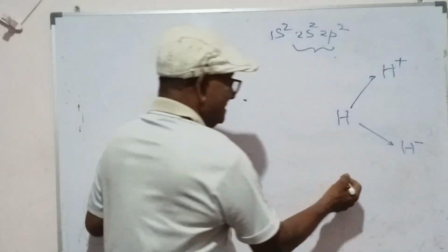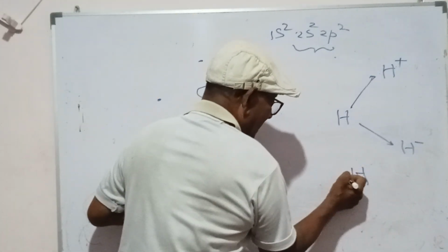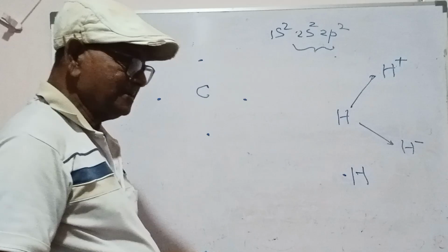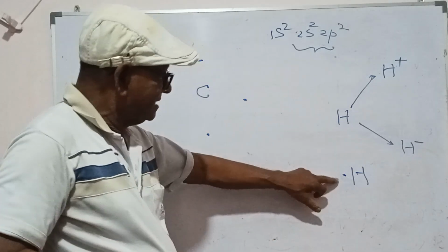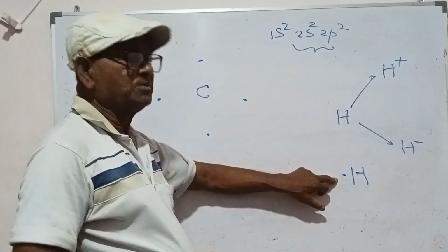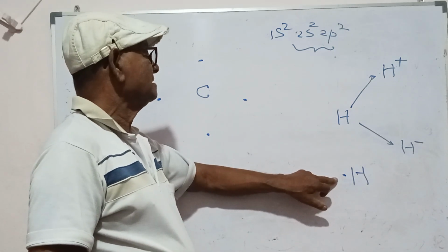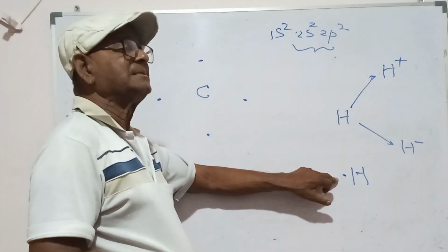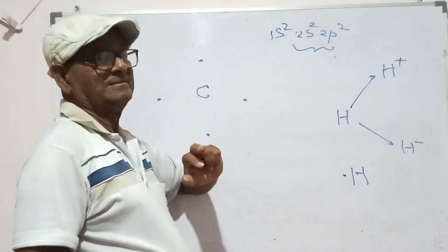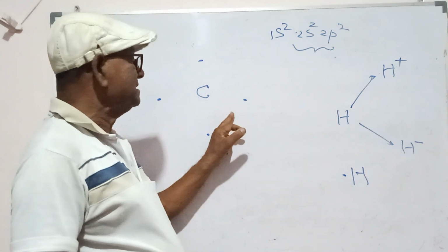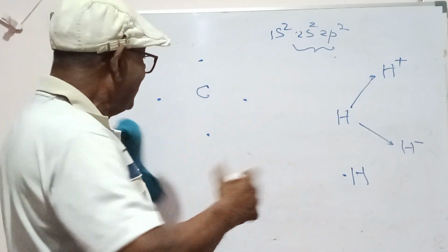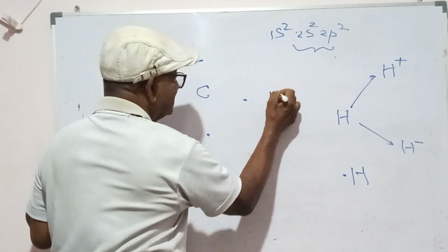Then it has one electron, so it has an idea to share the electron with any element which gives an electron. So this is the place. Then hydrogen comes here.